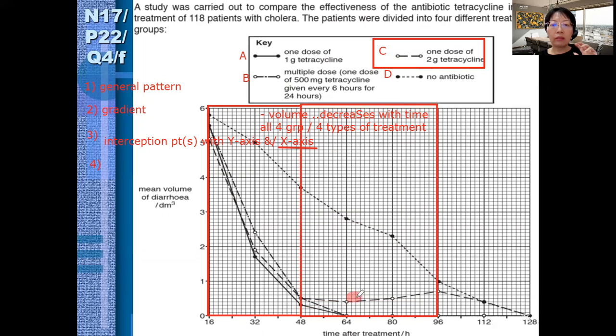Can you see it increase again? This region here, originally it was going down already, right? Now it's increasing again. Then in the third section, from that time onwards, the diarrhea dropped again until 0 at 128 hours. So this means dividing the curve into different sections and describing each section in detail.